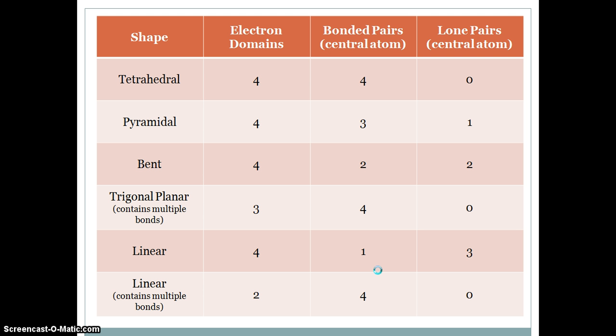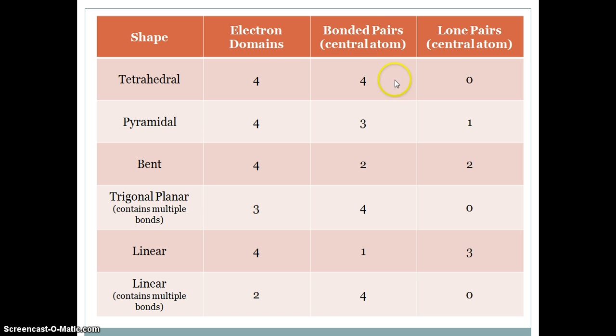So if you look at this chart, the first column is, of course, the name of the shape. The next column is the electron domains. How many spaces of electrons are there around the central atom? When I say that, keep in mind that some molecules have many atoms, so we'll be focusing just on a segment of it, focusing just on the central atom.